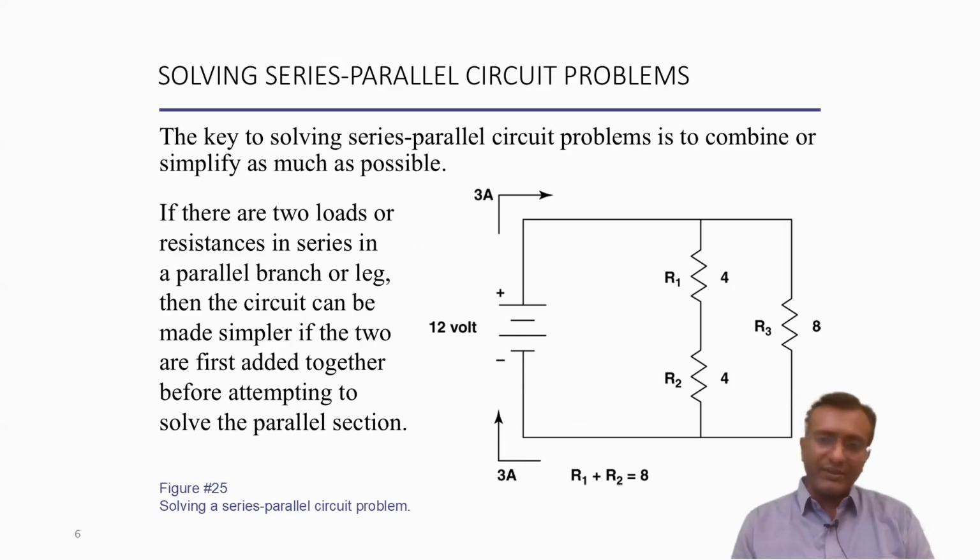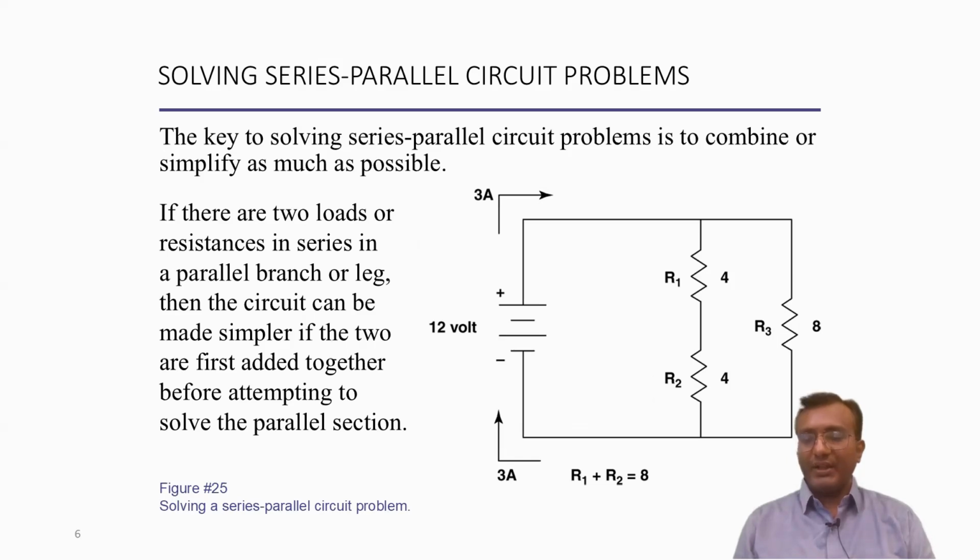For a series combination, the equivalent resistance is the sum of the individual resistances. So the equivalent resistance of R1 and R2 comes to 8 ohms. This 8 ohms, the total resistance of the first leg, is in parallel with R3. So again, we have to apply the parallel circuit law and determine the equivalent resistance.